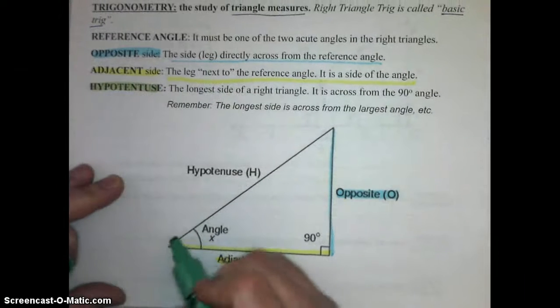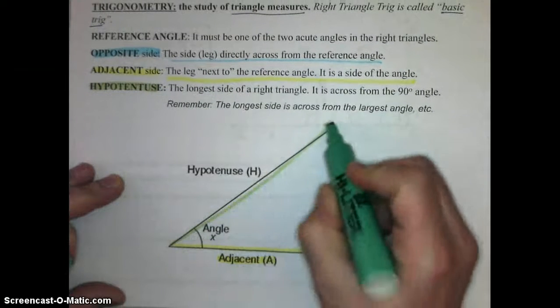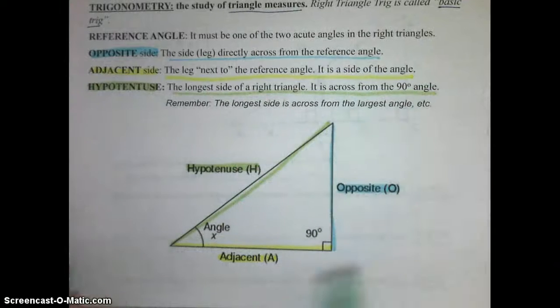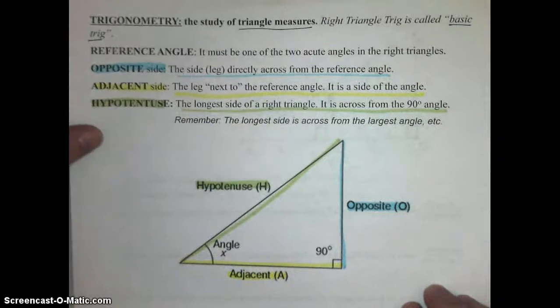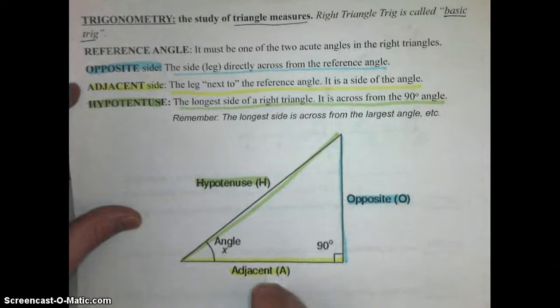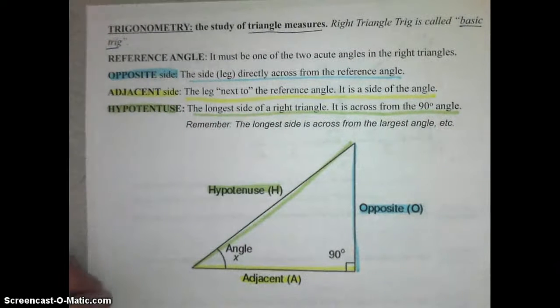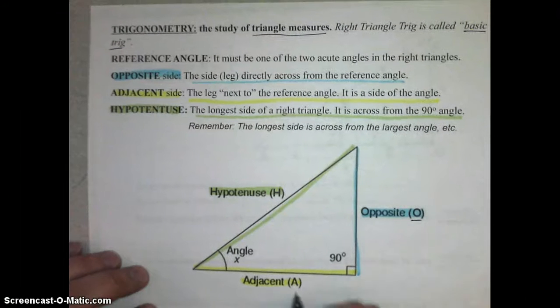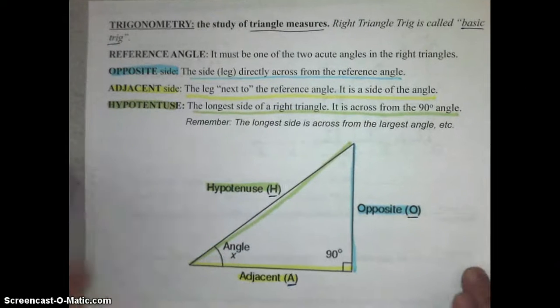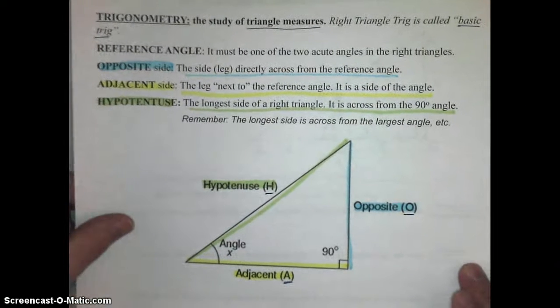It is always across from the right angle, so that's your hypotenuse. It's always the longest side. So that's how we classify sides of a right triangle as either the opposite leg, adjacent leg, or hypotenuse. We will use these letters, O for opposite, A for adjacent, H for hypotenuse, in the next part of our lesson, so make sure we remember that.